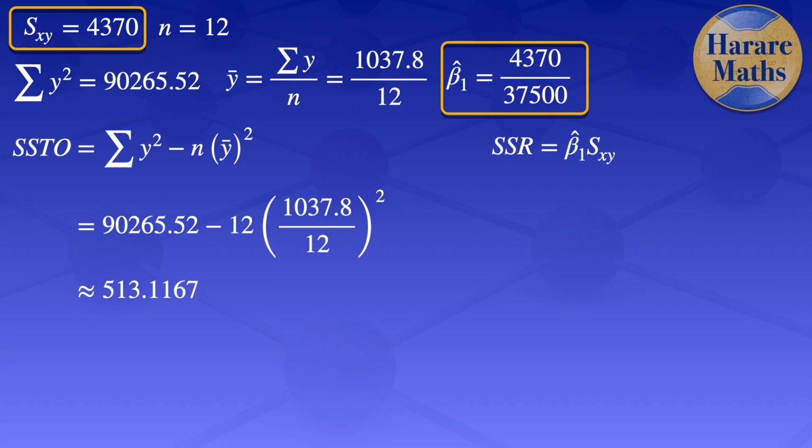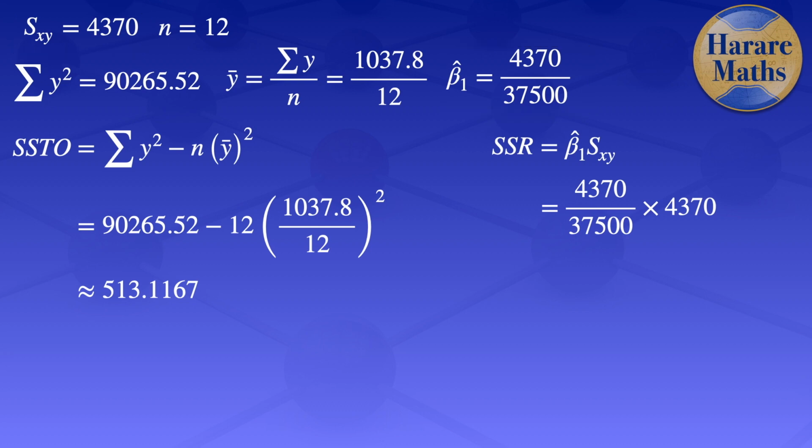So when I substitute those values, we get our sum of squares regression is 4,370 divided by 37,500 times 4,370. And that will be approximately 509.2507. So that's our sum of squares regression.